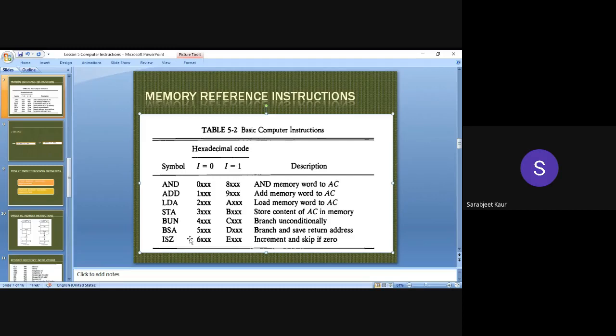So what do you have to do? You have to branch from that position to the function's position, execute all the code of the function and then come back. That is an example of BSA. Go to statement in C++ is an example of BUN.